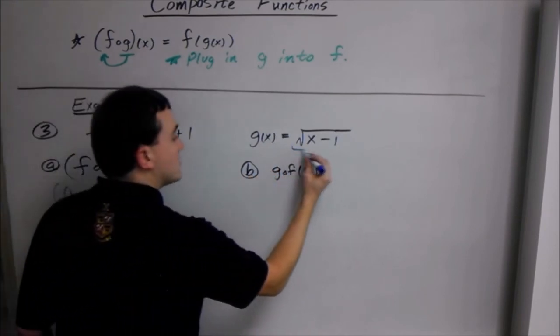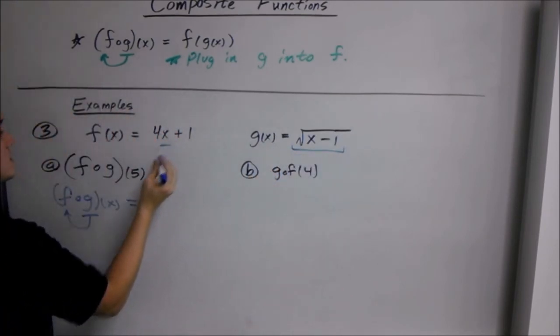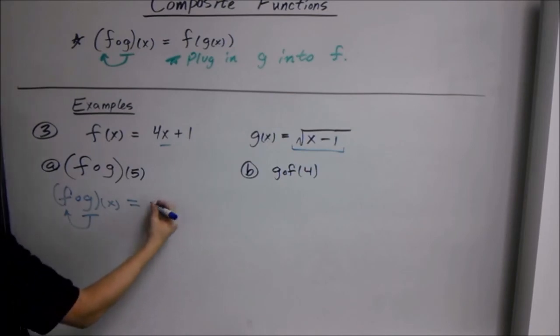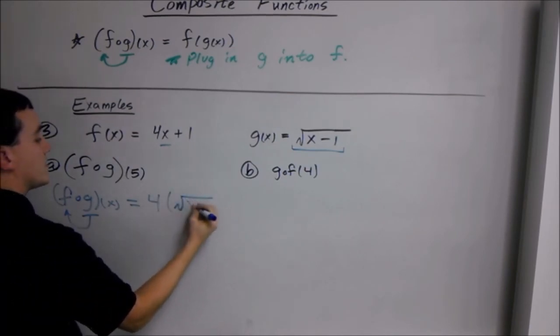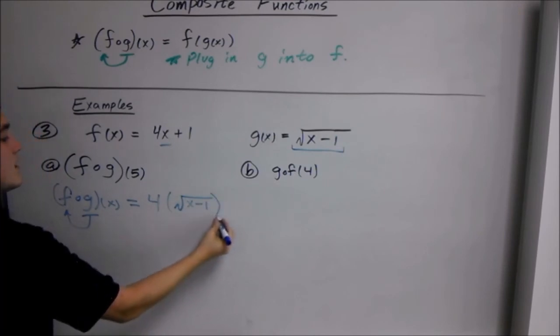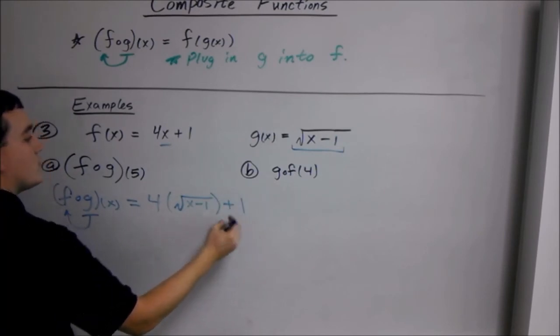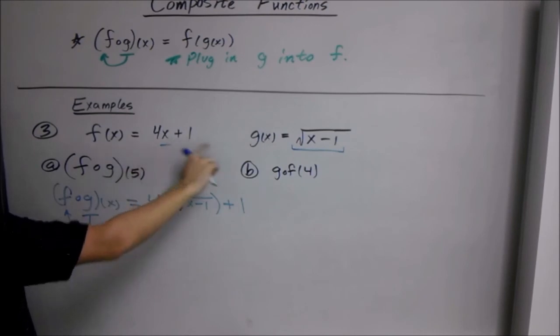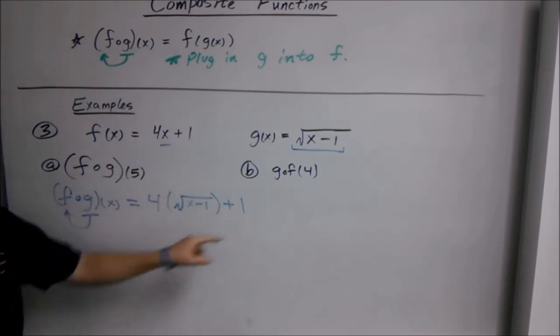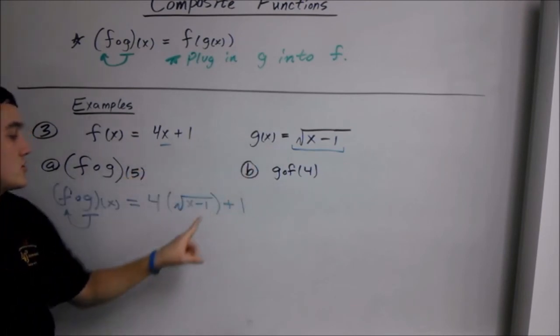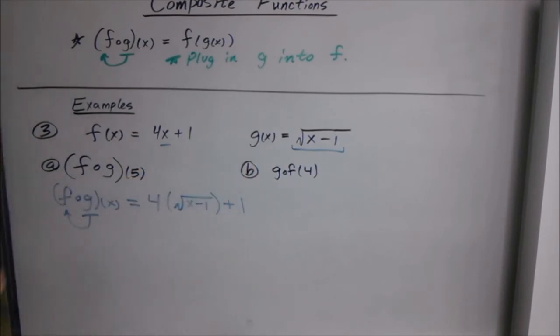So we're taking this, and we're plugging it into the x here. So that's going to give us 4 times the square root of x minus 1, plus 1, because we're just replacing the x. There's not really much we can do to simplify this. Everything else is going to stay the same. It used to say 4x plus 1. Now it says 4 times our g function plus 1. And we're plugging in 5, because that's what it wants us to do.